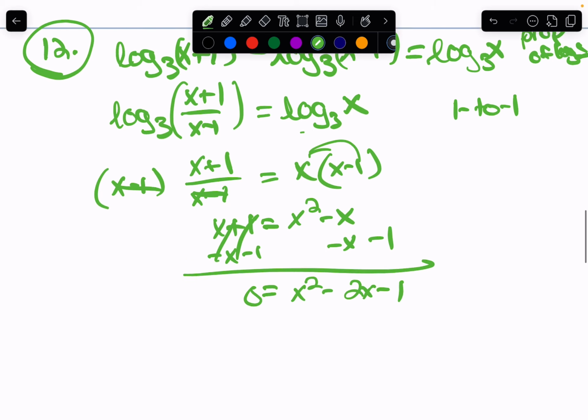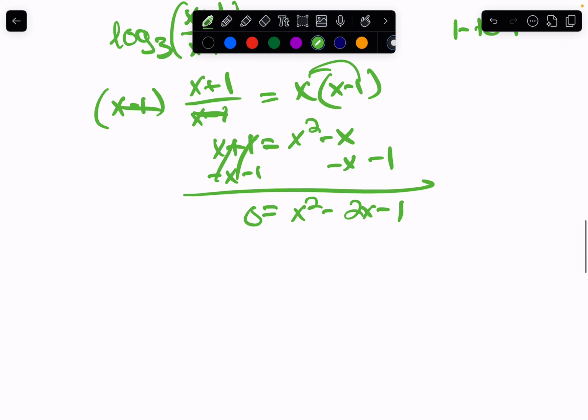Now, we're not able to factor this, so we're going to use the quadratic formula again for this one. So ax squared plus bx plus c. So our a is 1, b is negative 2, and c is negative 1.